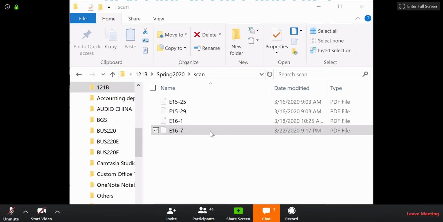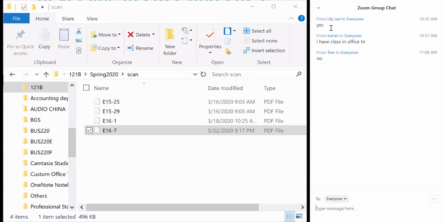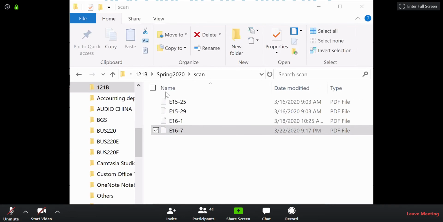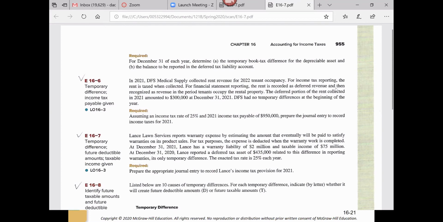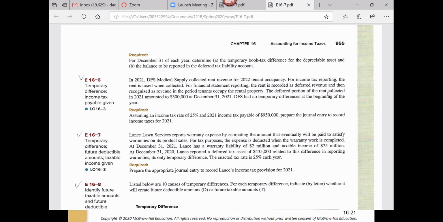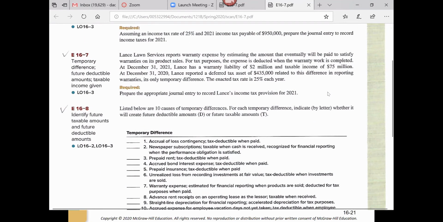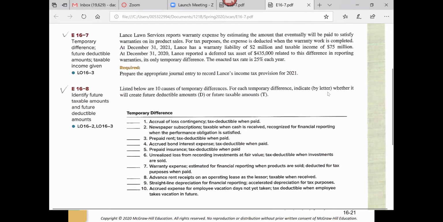Let me do that again. Okay, can you see that? Exercise 16-7. Yeah, we can see it now. Okay, so let's work on this 16-7. Let's just practice this part.